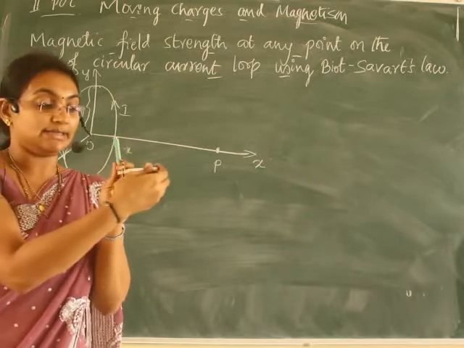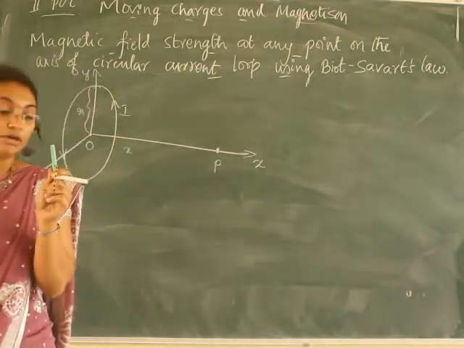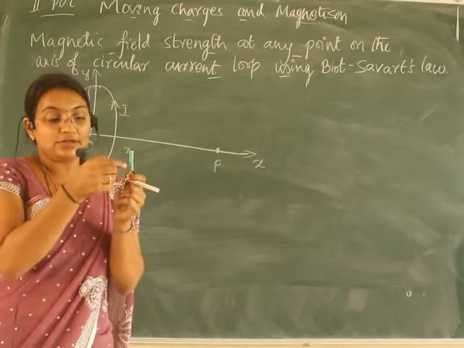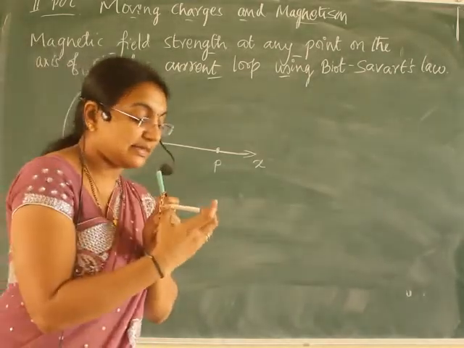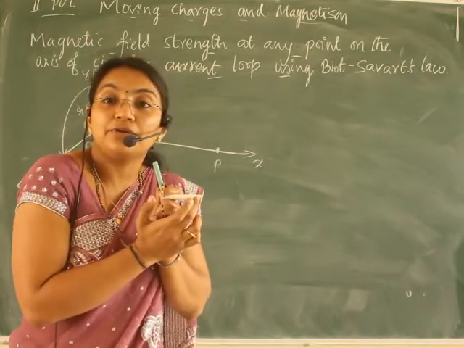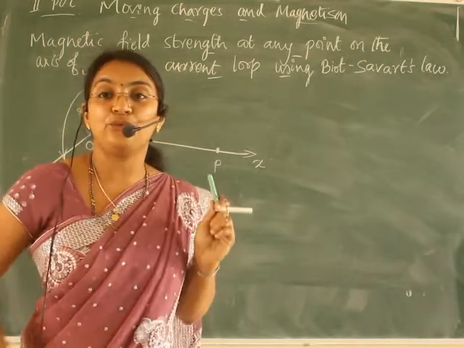Correct? X, y, and z. From the center to this is the radius of this circle, whereas somewhere here I want to find out the magnetic field.